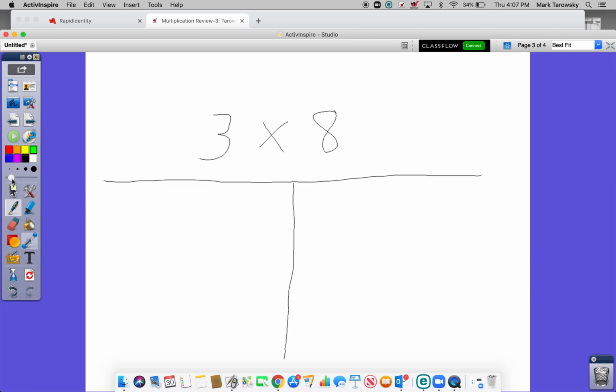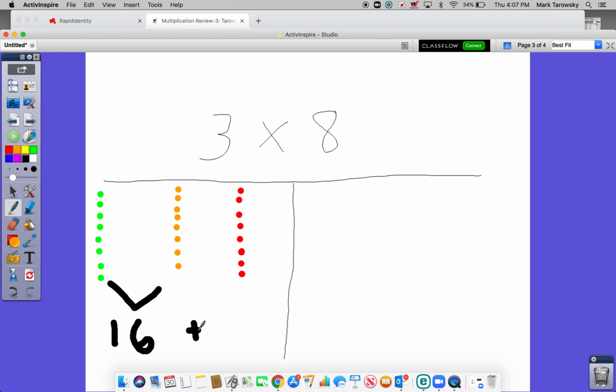So I could, let me make this a little bigger, 1, 2, 3, 4, 5, 6, 7, 8. 1, 2, 3, 4, 5, 6, 7, 8, and 8 reds. Now the great thing here is we can use that doubles knowledge, and 8 plus 8 is 16, and then just add the 8 more onto that.